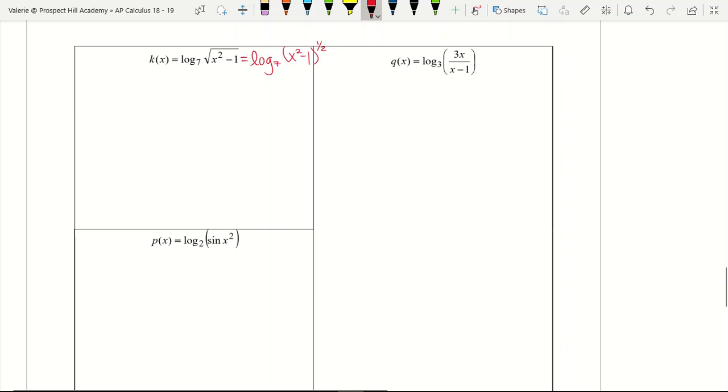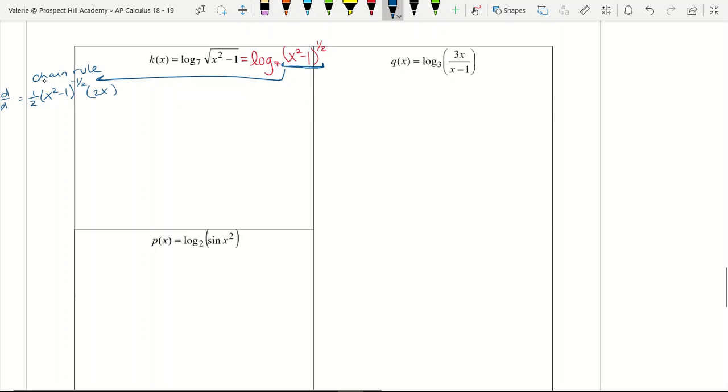All right, so then in order to use my logarithmic rule, I would need to know the derivative of this inner function, which is the x squared minus 1 to the 1/2. So to do that, I will need to use chain rule. So I'll have 1/2 x squared minus 1 to the negative 1/2 times 2x.